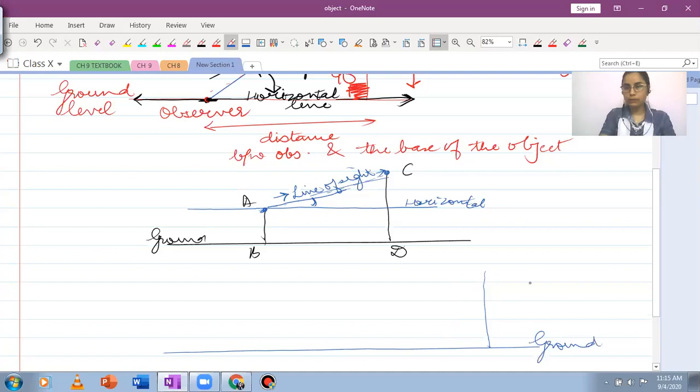So once again, let's say this is the ground level and now this is the observer and this is the object. The person is looking at this object from point C. So this here is the line of sight.